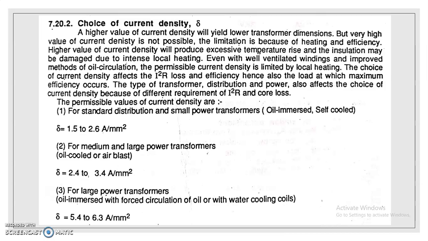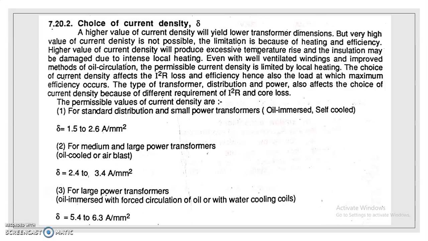Suppose we are choosing a higher value of delta. Delta is directly proportional to the current, and the area of cross section A is inversely proportional to the current density. So the area of cross section of that winding will be reduced. If the winding area of cross section is reduced, then obviously the required copper material will be reduced.